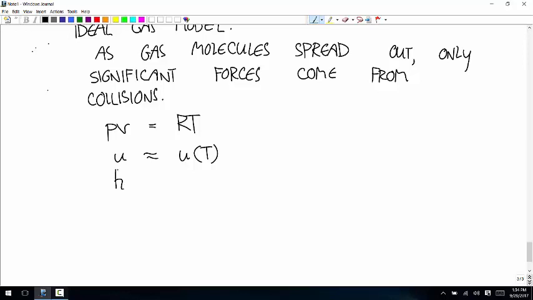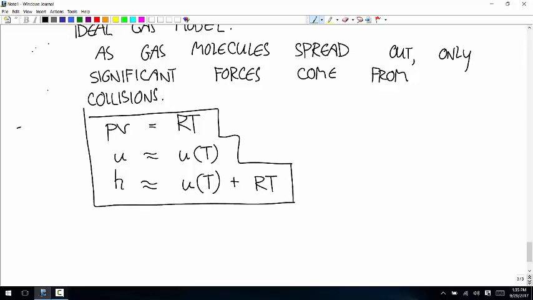And the specific enthalpy is equal to specific internal energy plus R times the temperature. Okay, these are quizzy.